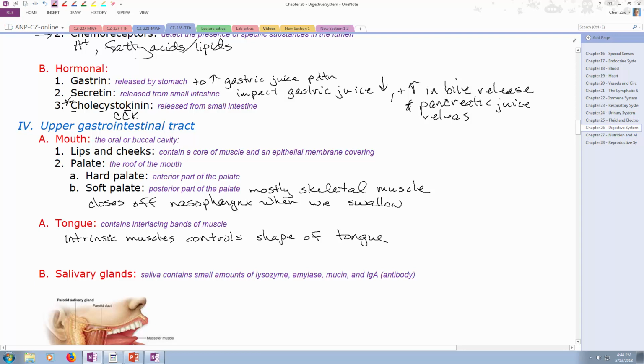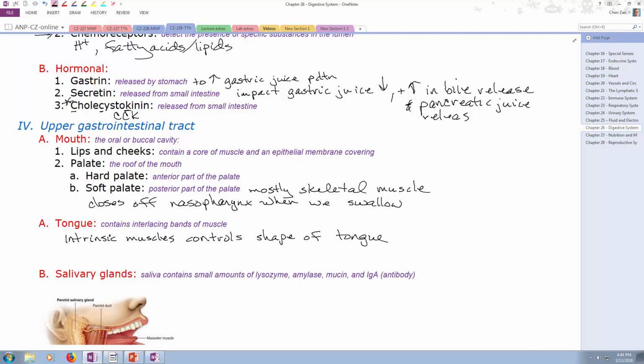And not everybody can do this, which means that their muscular pattern of their tongue is different than yours. Because most of us can roll the edges of our tongue. There are some people that cannot do that. So that is an indication that their interlacing pattern of muscles of their tongue is different than yours. So that's the intrinsic muscles of the tongue.